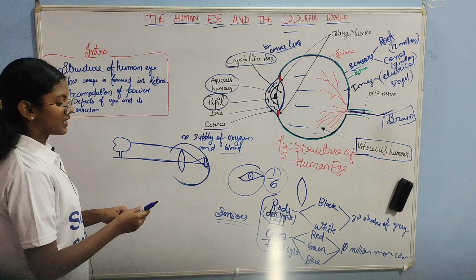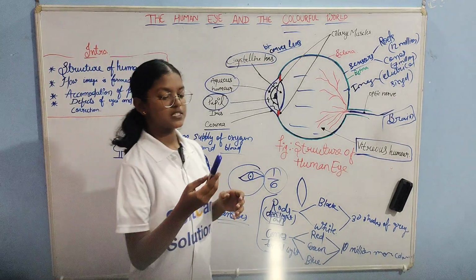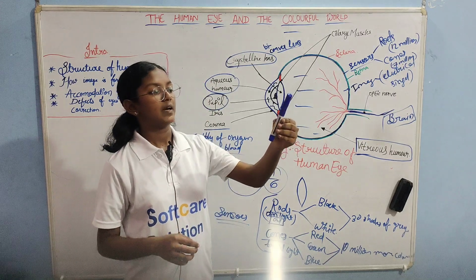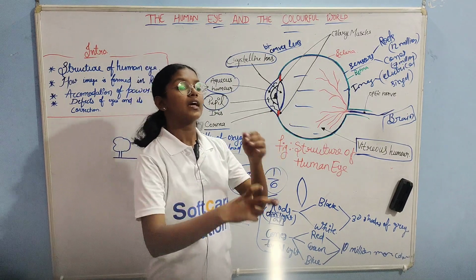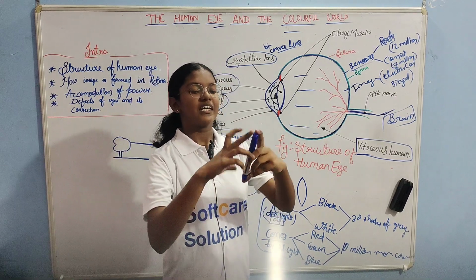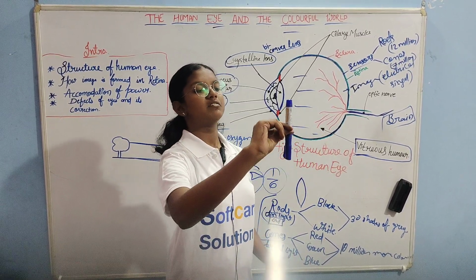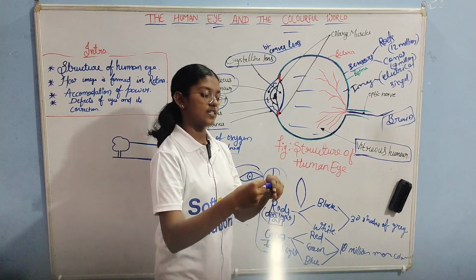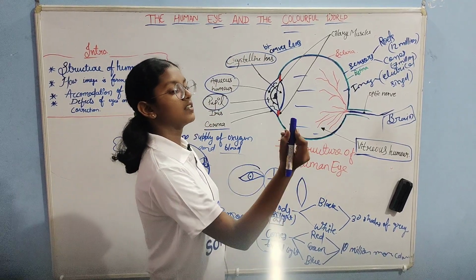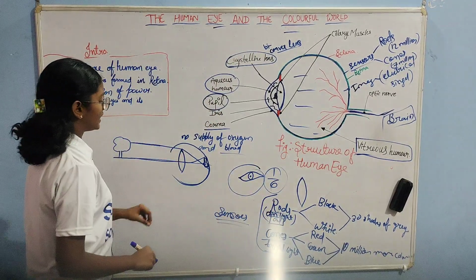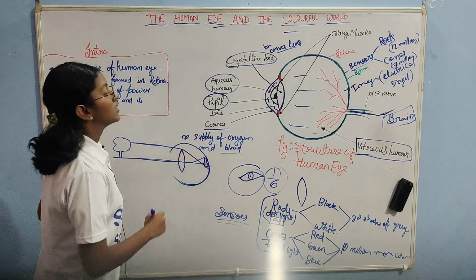But for example, I am taking the example of this pen. I am looking at this pen, it is erect. It means that the image forming in the retina is just like this. But the question arises, why am I seeing the objects erect, as in my retina the object is laterally inverted?